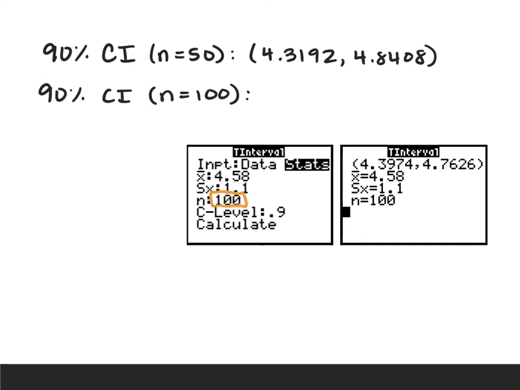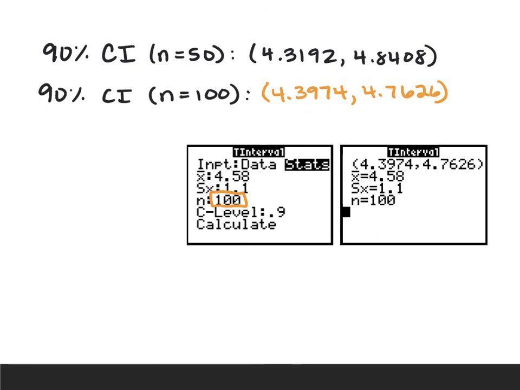I still have the same sample mean, sample standard deviation, and I'm still dealing with a 90% confidence interval. But now my confidence interval does what? Well, I have 4.3974 and 4.7626. So these numbers are closer together. This has essentially made my confidence interval smaller.